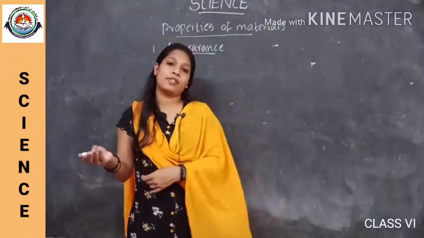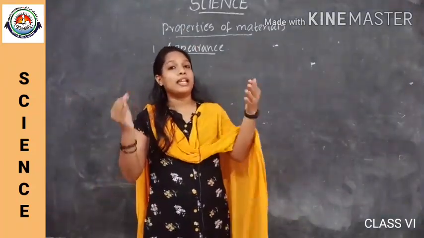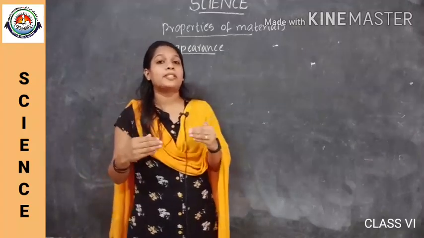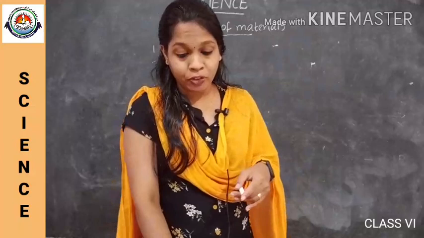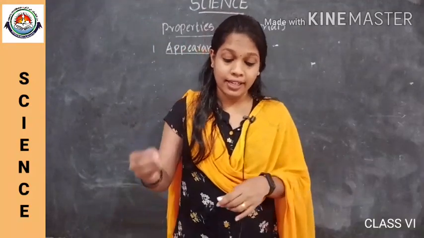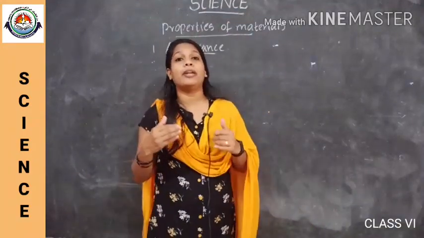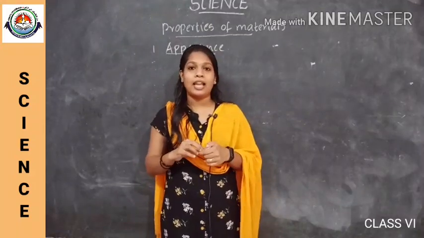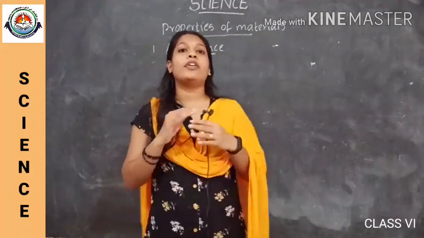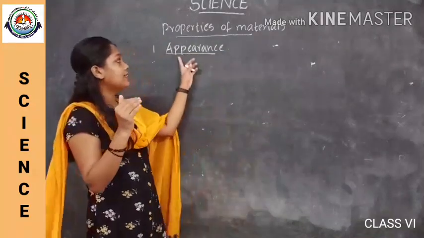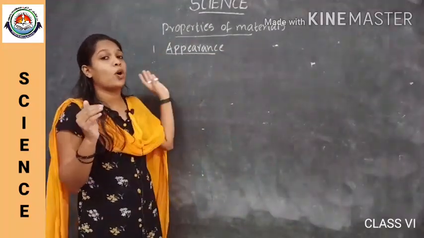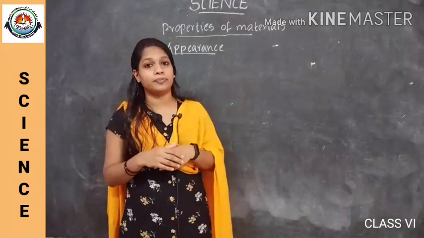This is the activity that you have to carry out. So we can observe that materials like copper wire, iron rod and aluminium rod will be shining, and the rest of the others will not shine. So that's the appearance that we can observe through this activity.